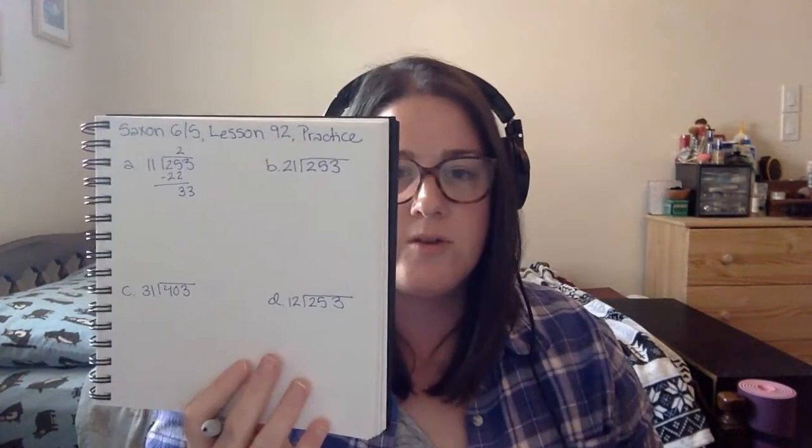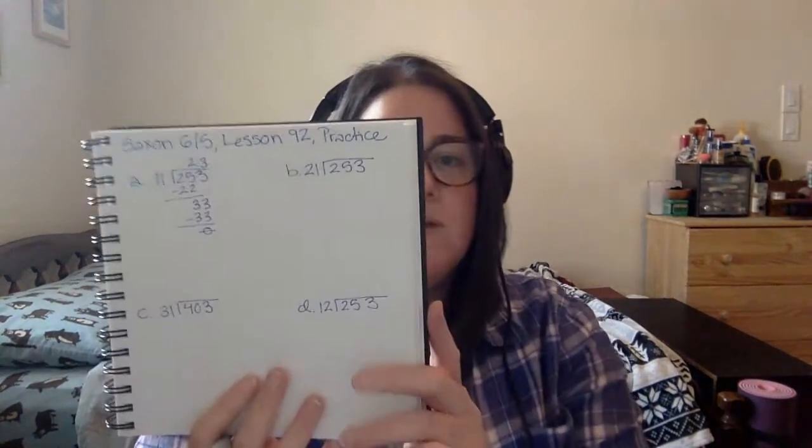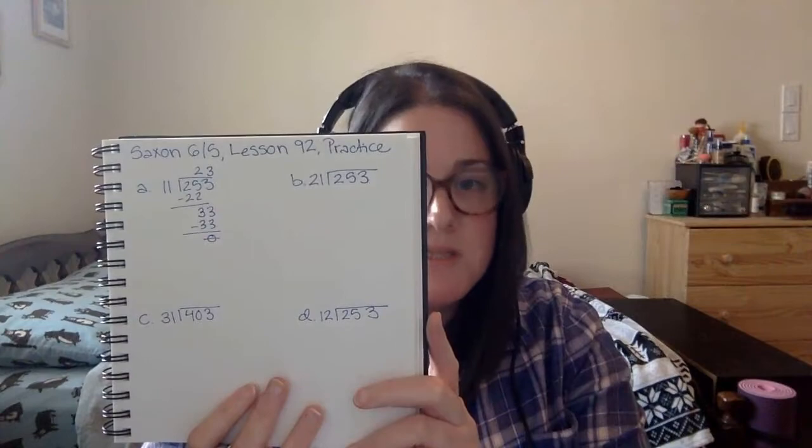If we subtract 25 minus 22, we get 3. If we bring down our next digit, we then have 33 divided by 11. We can estimate that at 3. 3 times 11 is 33. We subtract 33 from 33, and we have no remainder, so our quotient is 23.